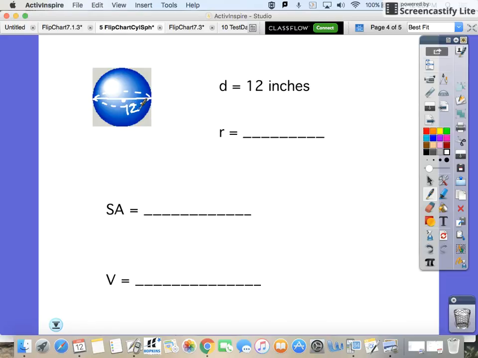That means that the radius from here to here would be 6. So we do 12 divided by 2 is 6. So we'll go 6 inches. And then the surface area for a sphere, I asked you guys to write down 4r squared times pi.